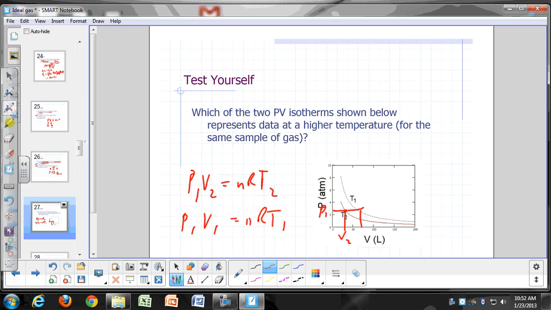That's one way of looking at it. Okay. So which one is larger, P1 V2 or P1 V1? P1 V1 is larger. That means if P1 V1 is larger, you have same n, same R, then that means T1 must be larger. Okay? So this is a higher temperature isotherm.